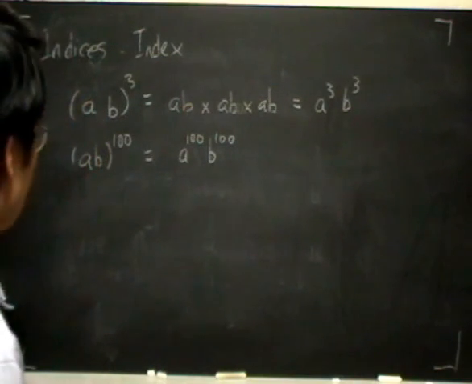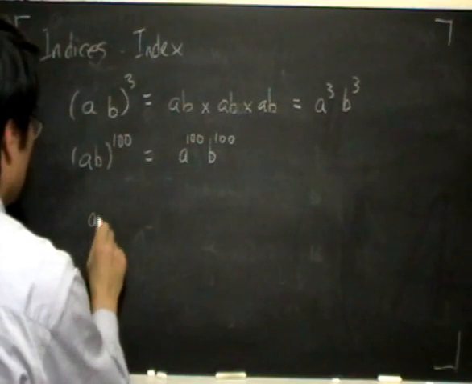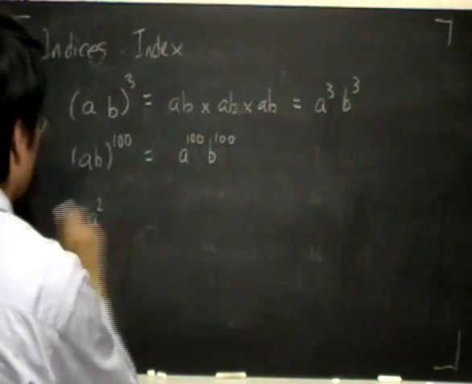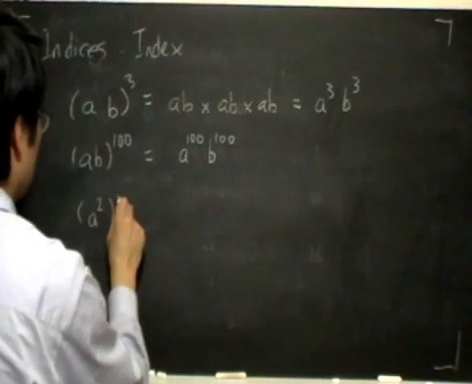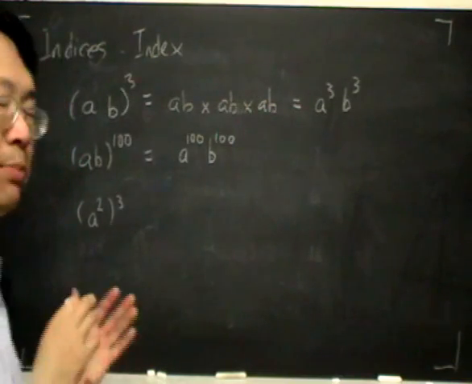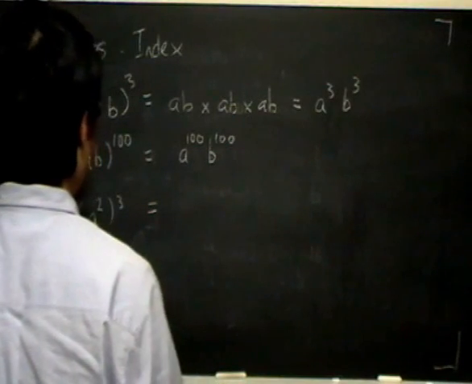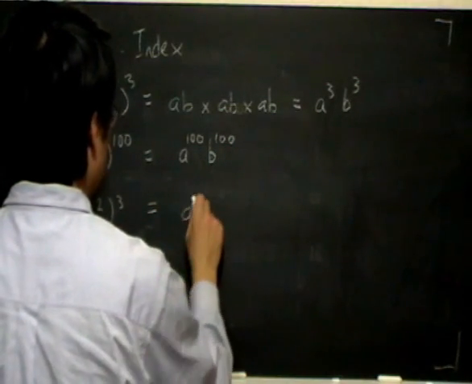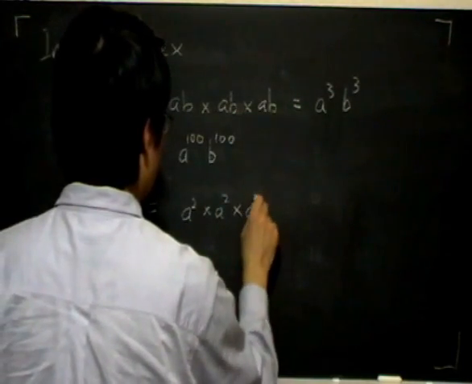And let's look at yet another example. Suppose we have A squared to the power of 3. Can we simplify this? Let's write out in full. This means A squared times A squared times A squared.